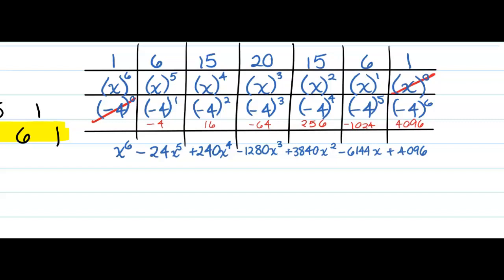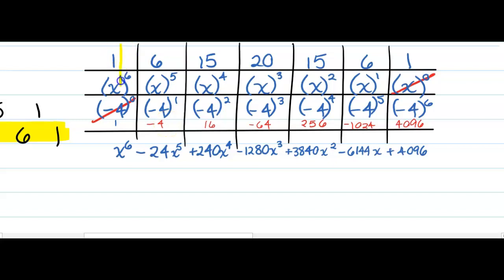I also made this third row a little bigger, and I went ahead and simplified each number in this row. So -4 to the 0 was 1, -4 to the 1st, -4 squared made 16, and so on. Having these numbers worked out made it a little bit easier to multiply down the column.